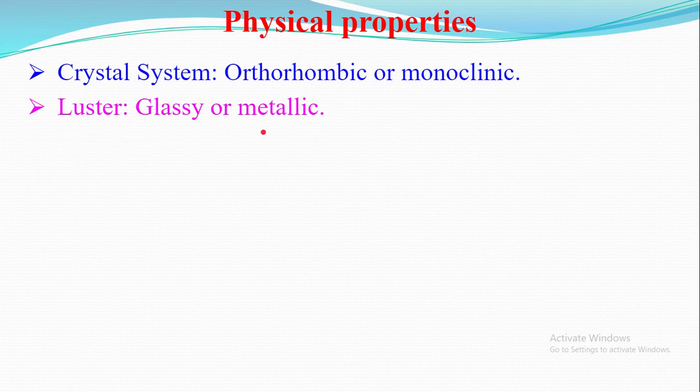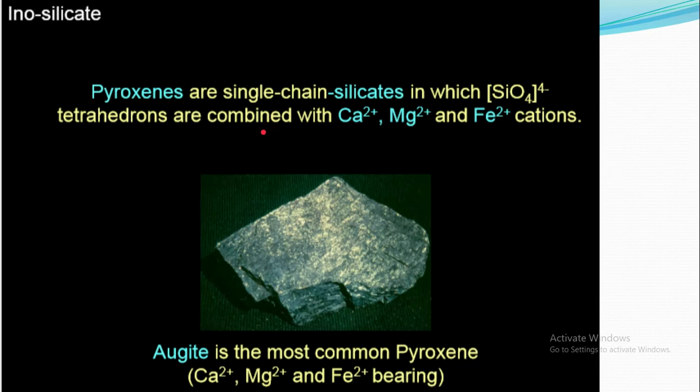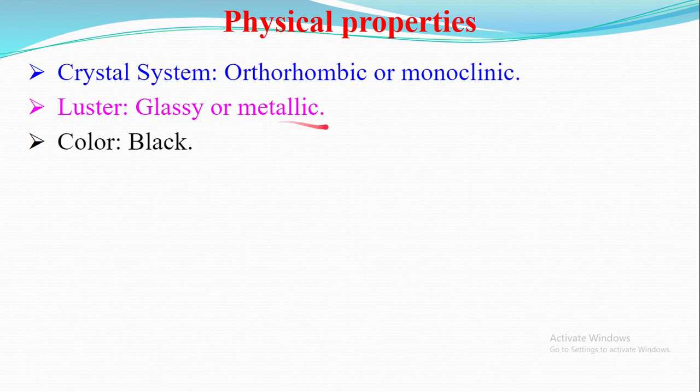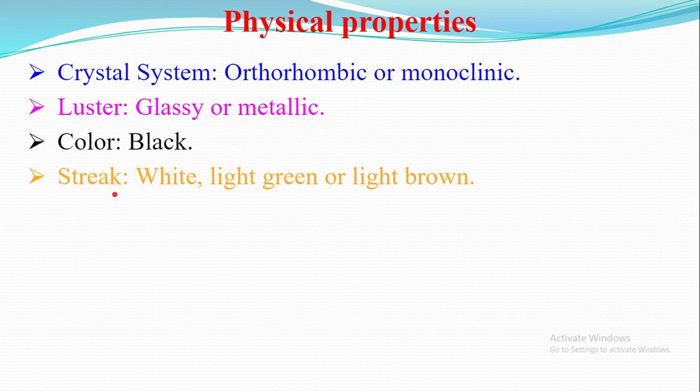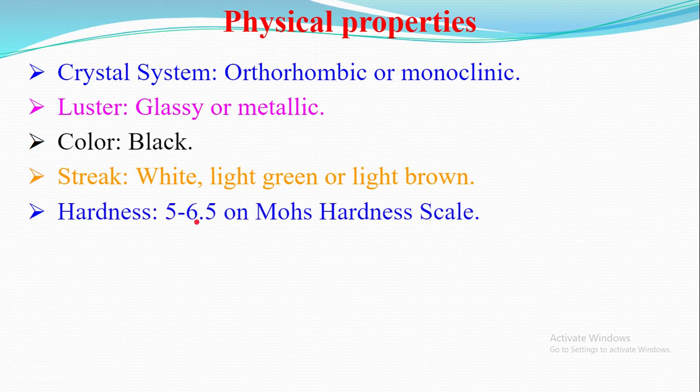You see their luster, it is shining like a metal, no? Here you can see shining like a metal. So the luster is glassy or metallic. Colors are mainly black. Streak may be light green, light brown, or white based on the different composition. Hardness 5 to 6.5. Again, it is a hard mineral.